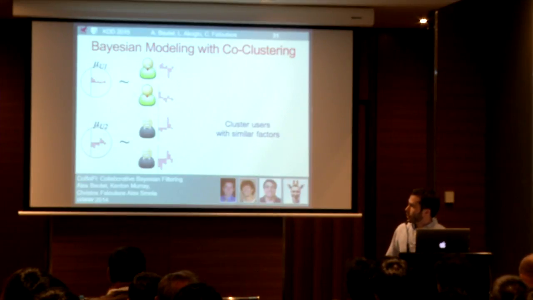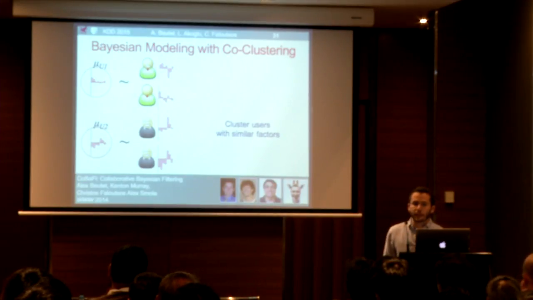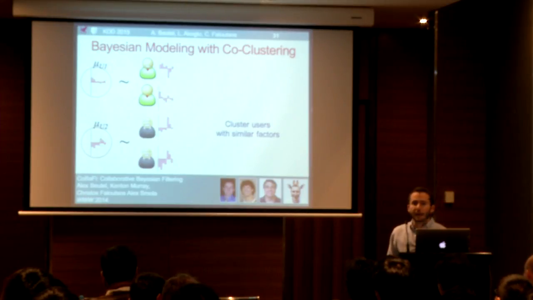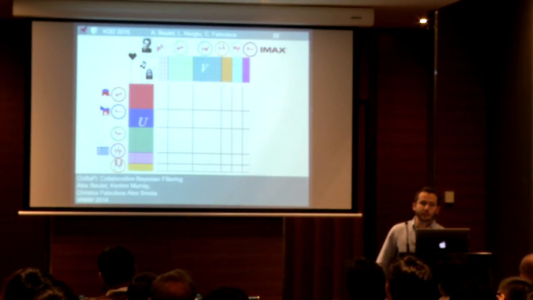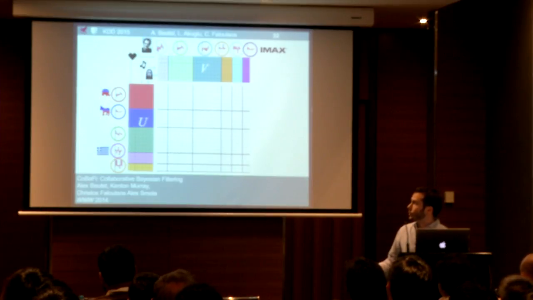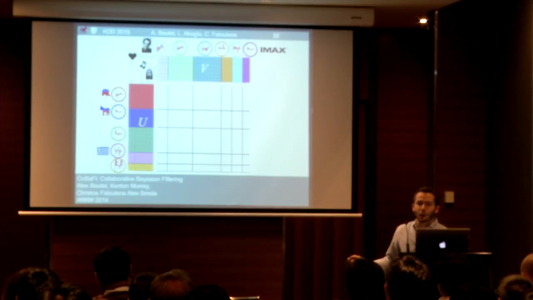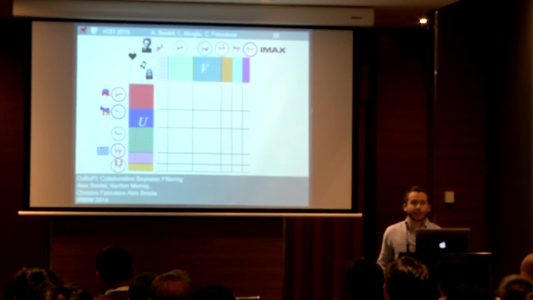And so we did some work extending this, saying, well, maybe there are different types of people. Maybe some people, liberals and conservatives, have different preferences and biases in the way they rate things. And this creates this co-clustering inside of your factorization, where you might have liberals, conservatives, maybe Greek people, maybe movies by a certain director or IMAX movies, and these will be treated differently based on the category they're in, and so we want to share knowledge within those groups.